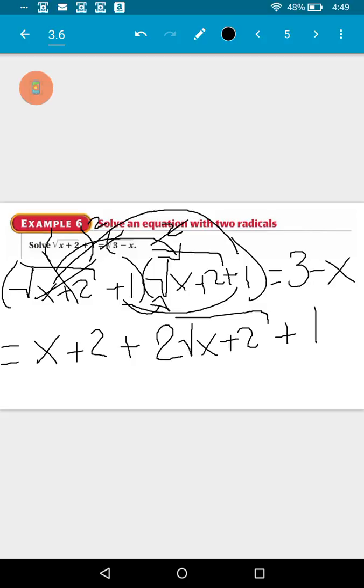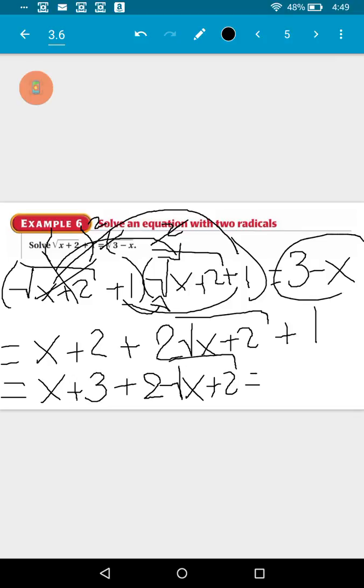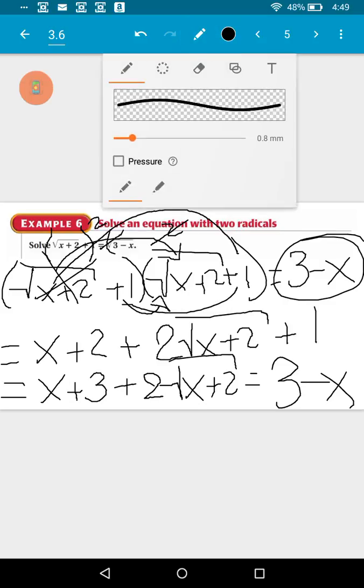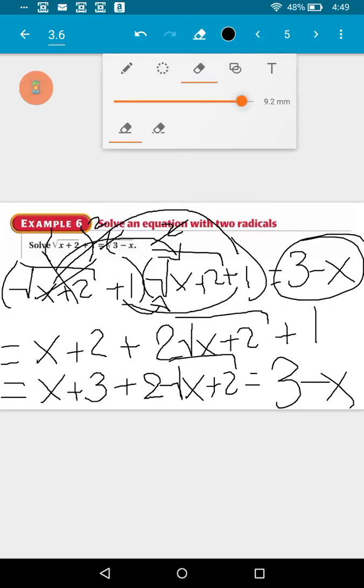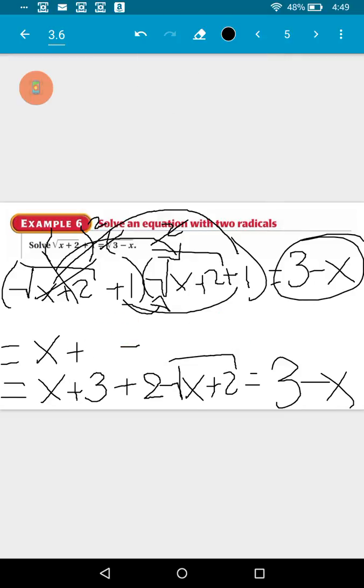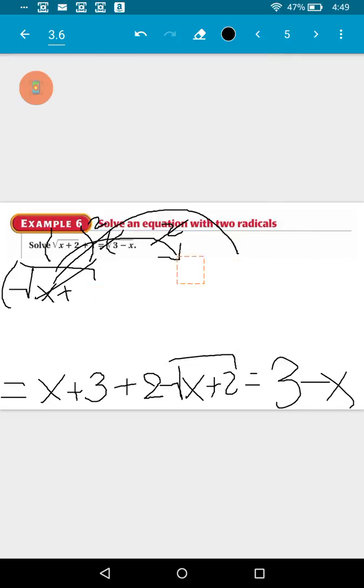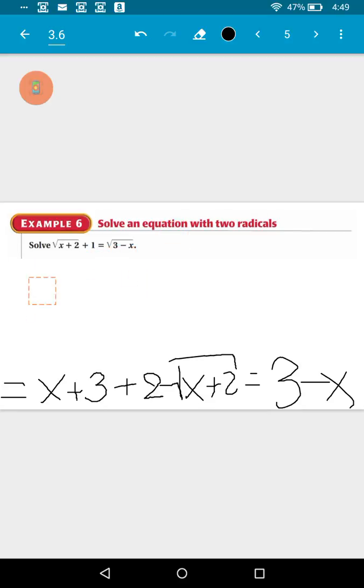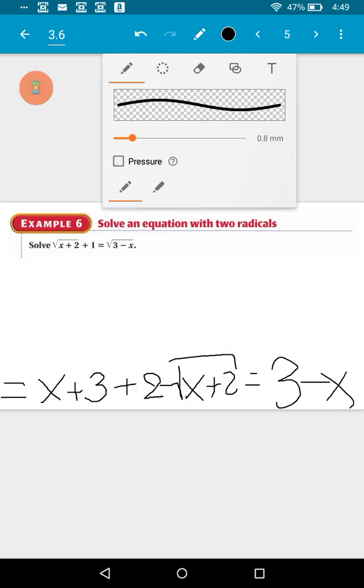I can combine that 2 plus 1, which gives me x plus 3 plus 2 radical x plus 2. Don't forget, I have this over here, 3 minus x. Okay? Let me erase the top because we are going to finish above this. I hope you guys have this written down. If you don't, you know you can pause my video, okay?